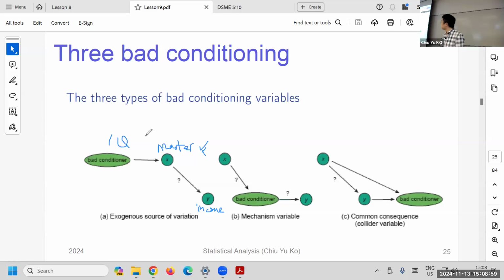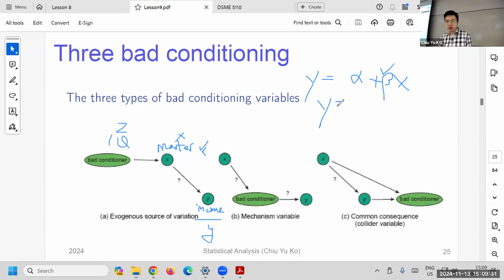Suppose IQ determines whether to do the master's. Maybe this is not the best example, but suppose this is the case. So this is the Y, this is the X, this is the Z. The thing you should do in this case, if you draw this, is run this regression. Then the beta is right.